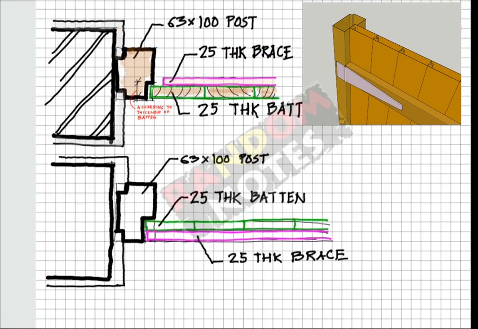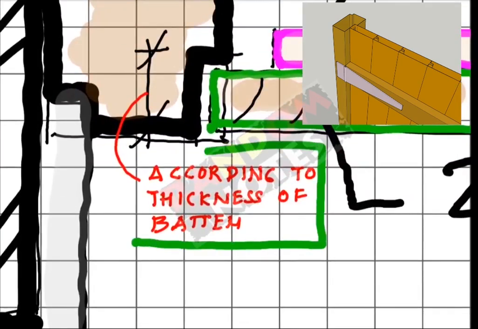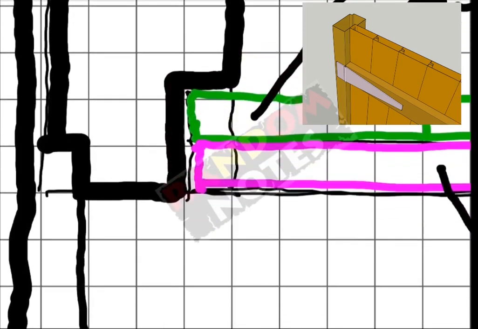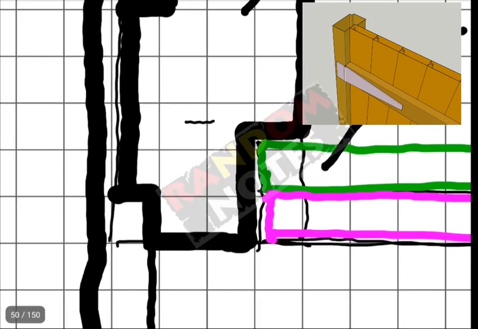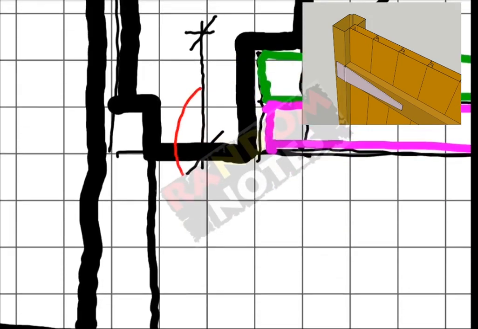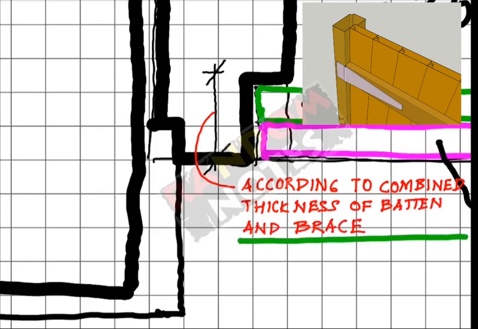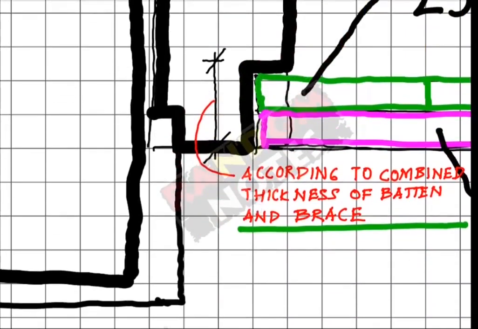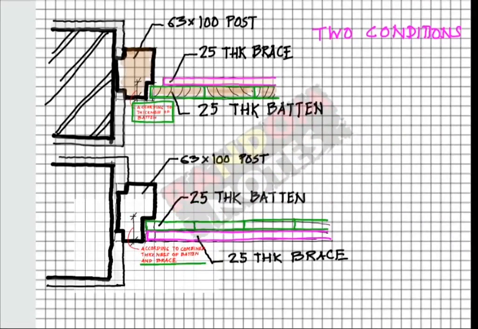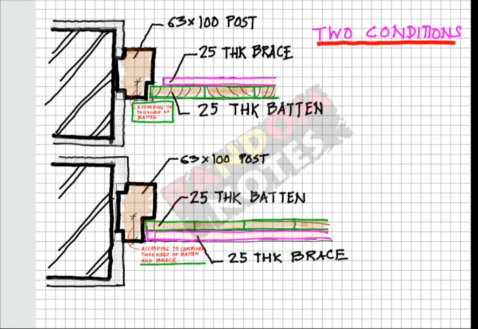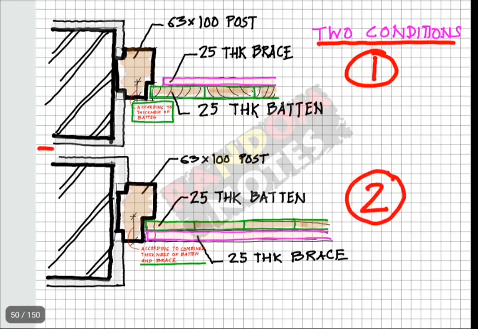In comparison to condition 1, the rebate of the door frame in condition 2 will be more because it has to accommodate the combined thickness of batten and ledge. These are the two conditions of placing the ledge and brace on the face of the shutter.